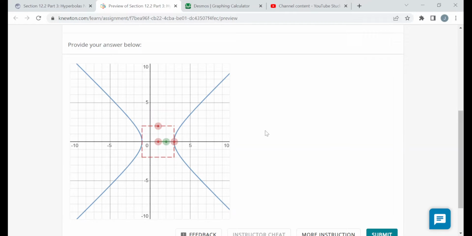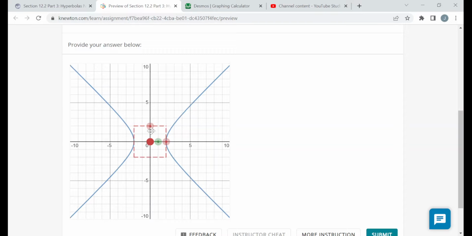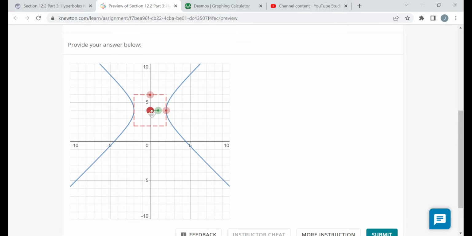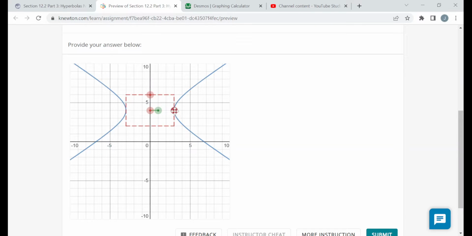All right, there we go. So I move that green point onto the x-axis here so we get the curves opening left and right. The center was at 0, 4, and so I'm going to move the center to the point 0, 4. I think you can click on it and see that it's actually there. The vertices were 3 units to the right and left of center, so one of the vertices has to be at 3, 4, which I said earlier on my drawing.